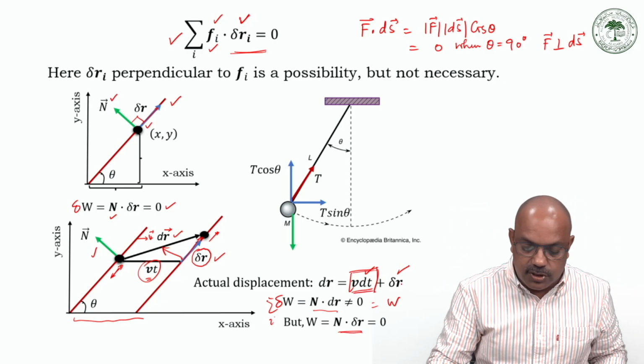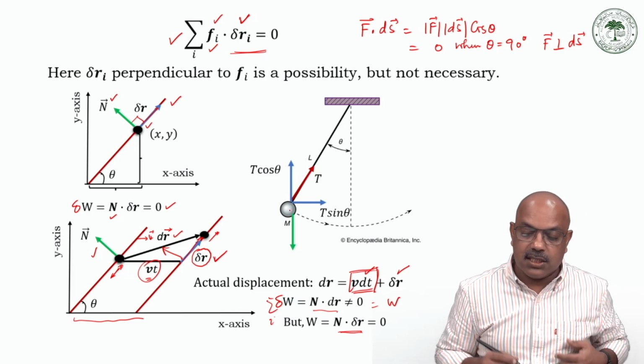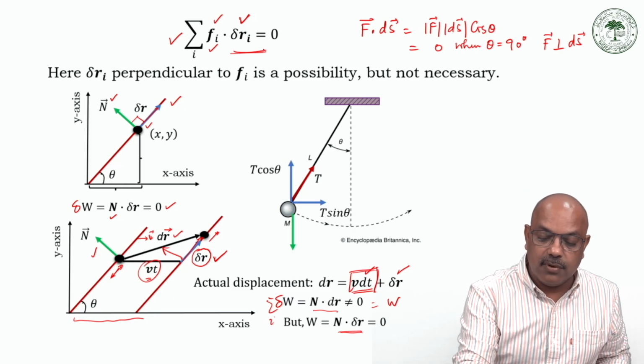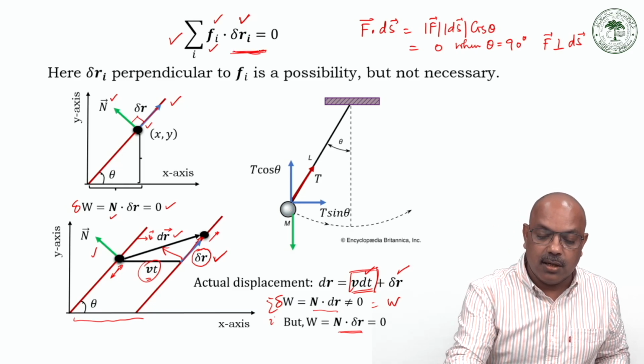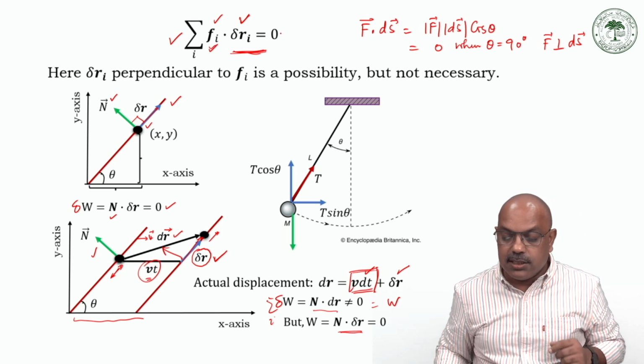This is going to be zero for this delta r only. Similarly, in this case, we can calculate this displacement work. Basically, the virtual work done by this constraint force is going to be zero.